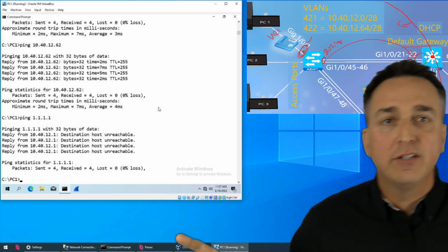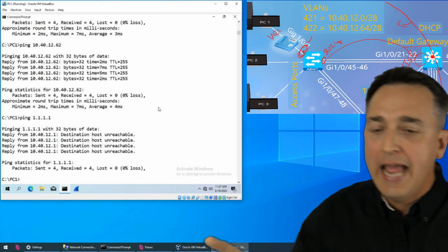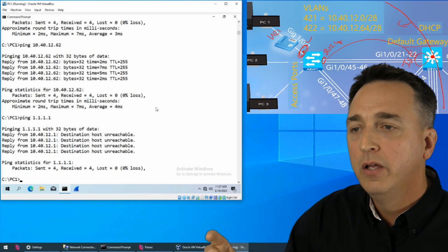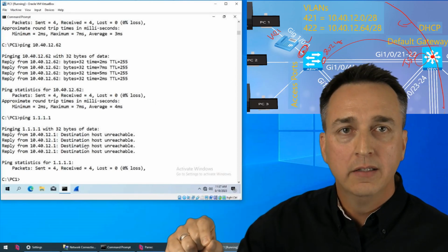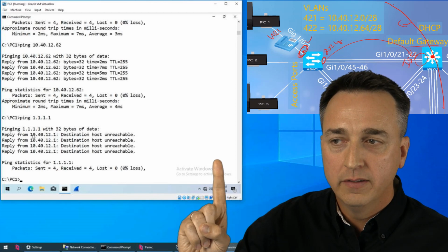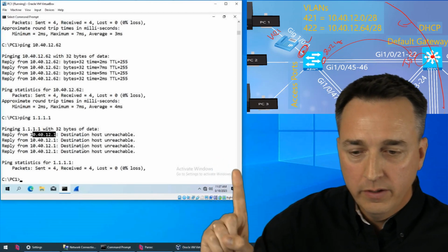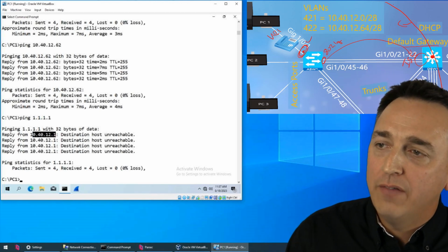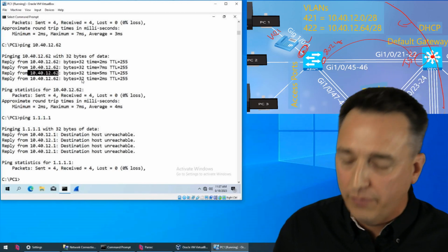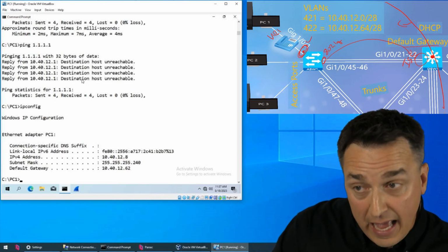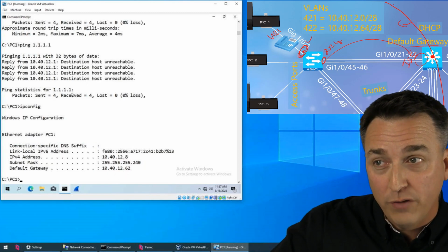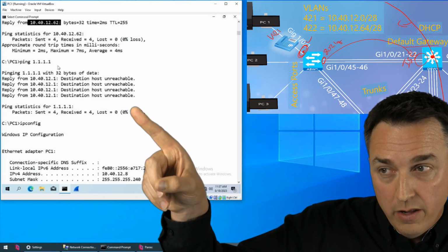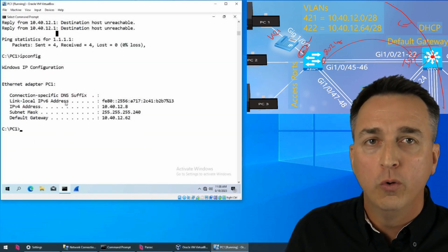Ooh, but look at the answer now, folks. What does it say? Who is now telling me? Who is that? Now, we said that the default gateway is using that address because if I type in ipconfig, it's 10.40.12.62. It's that address there. So 10.40.12.1 is who?